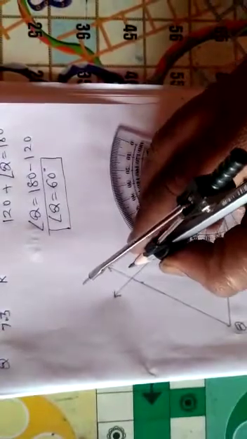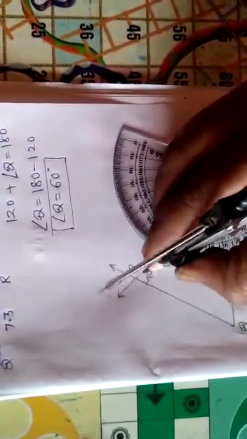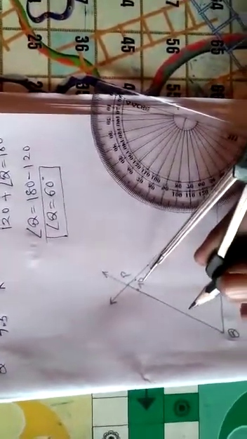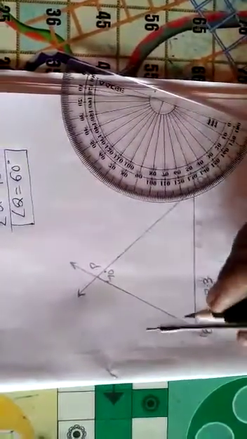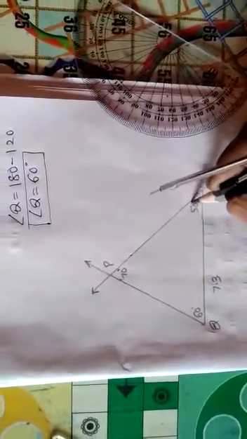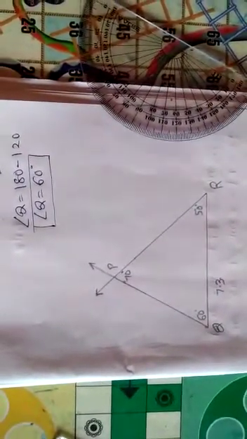So this is angle P, and this is 70 degrees. If you measure this angle P, you will find it is 70 degrees, with 60 degrees and 50 degrees at the other angles.